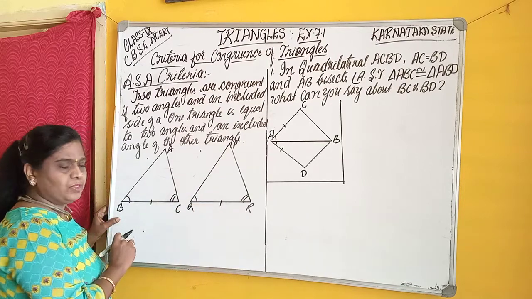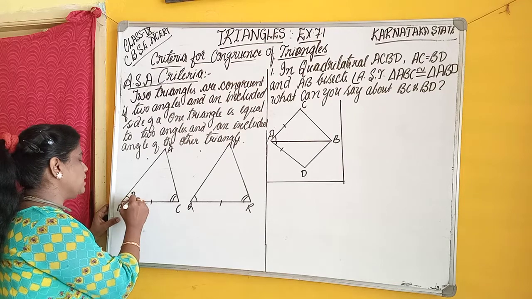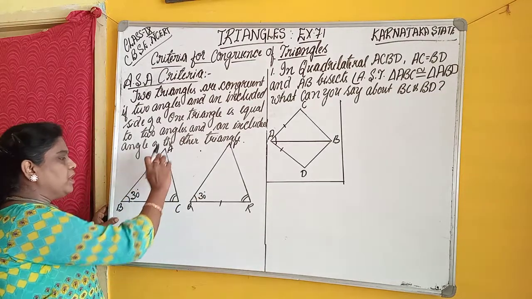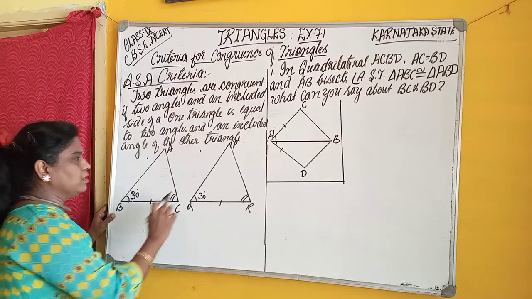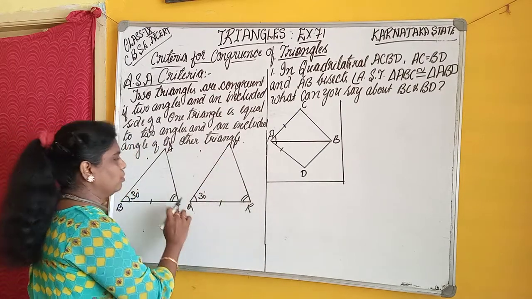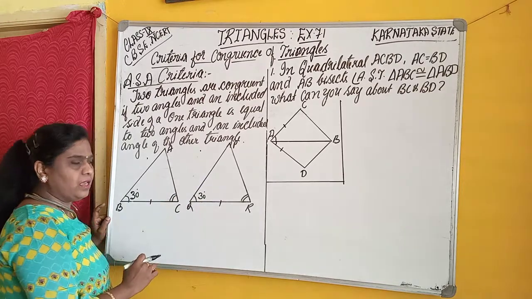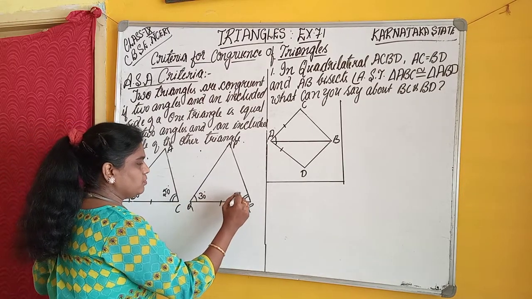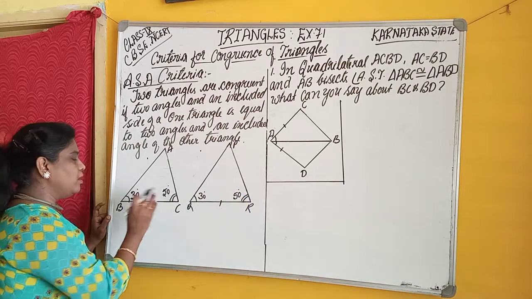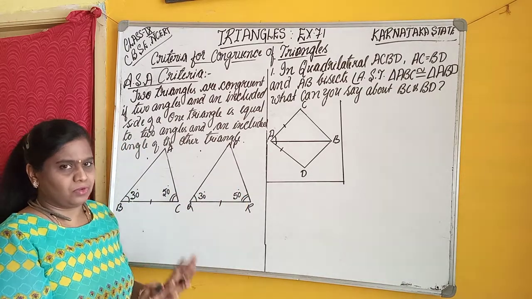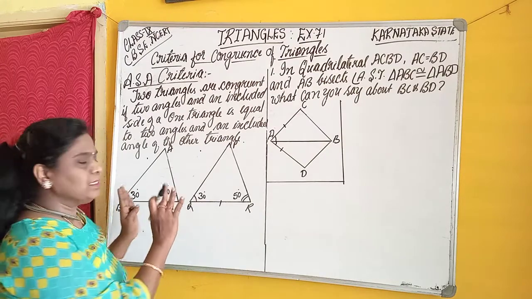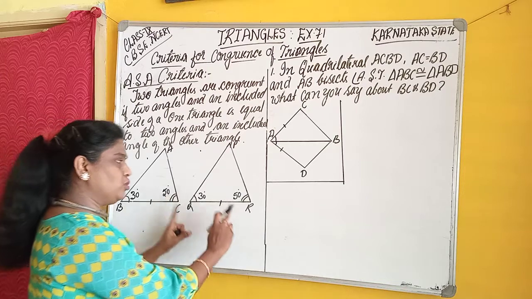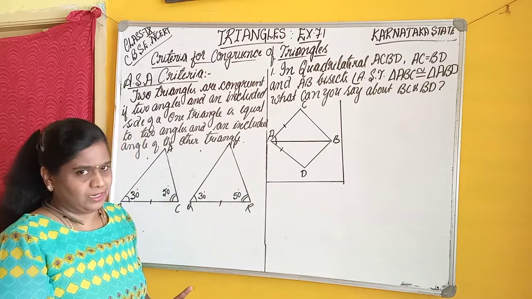If you take it as 30 degrees, this is also 30 degrees. And angle C and angle R are equal, this is 50 degrees and this is 50 degrees. Here, two angles of one triangle are equal to two angles of the other triangle.